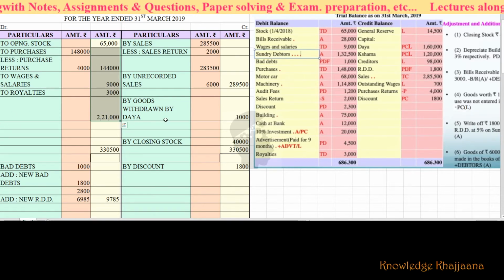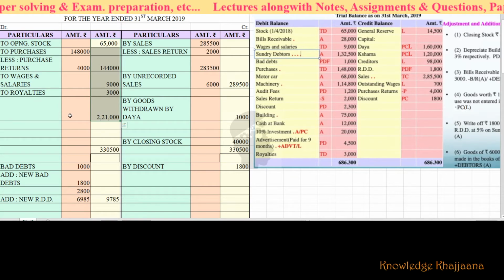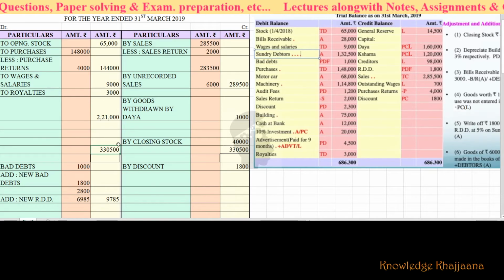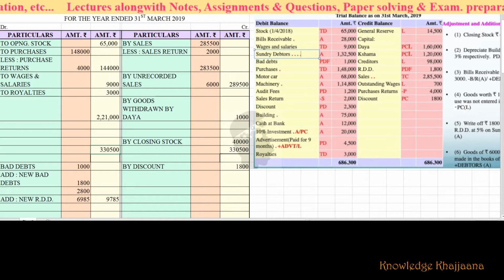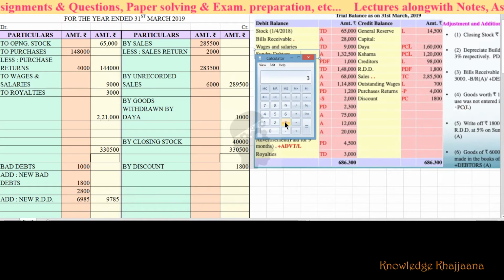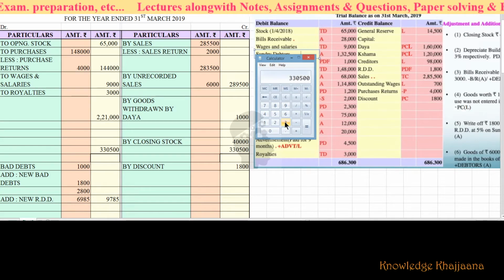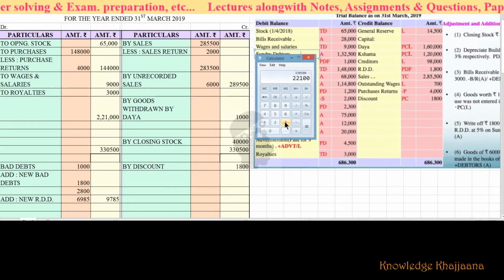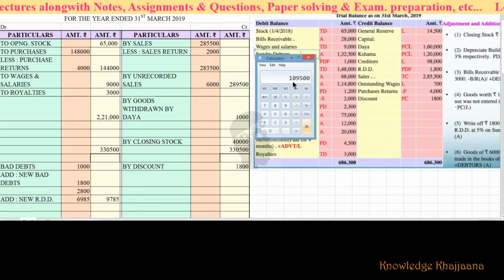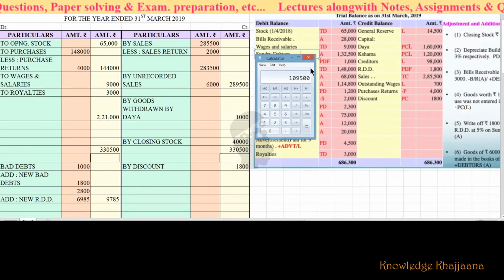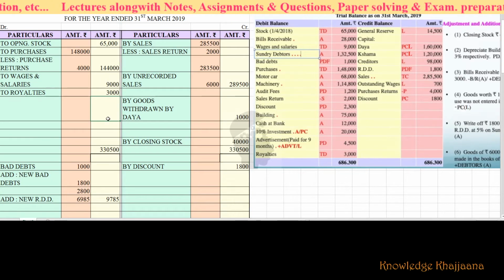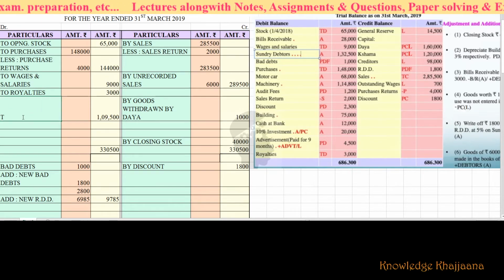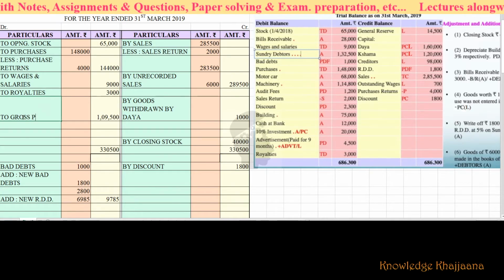So we will deduct this amount 2,21,000 from 3,30,500. 3,30,500 minus 2,21,000 is equal to 1,09,500. What is it? It is gross profit.